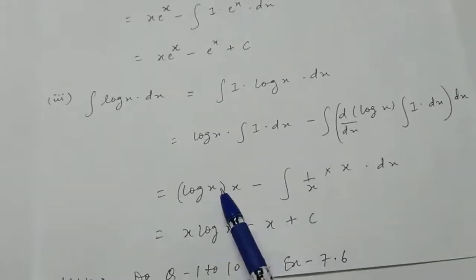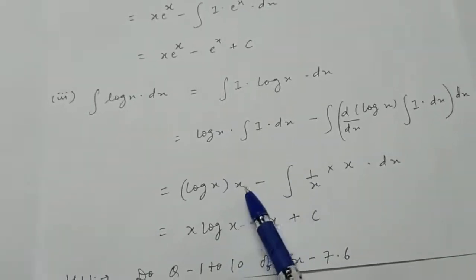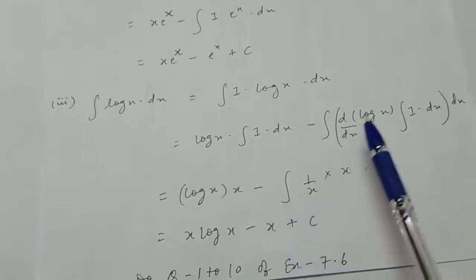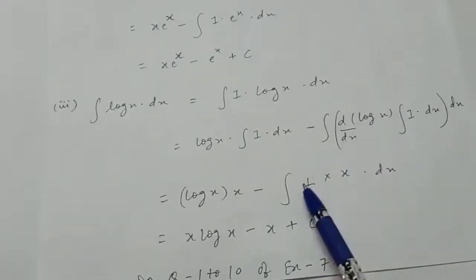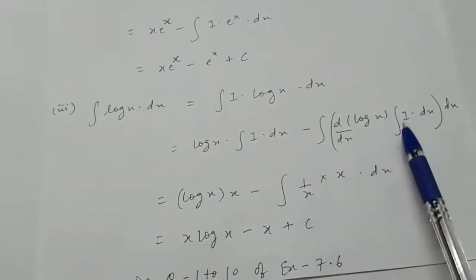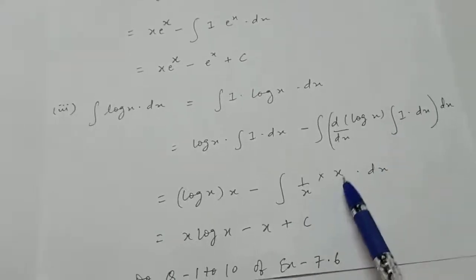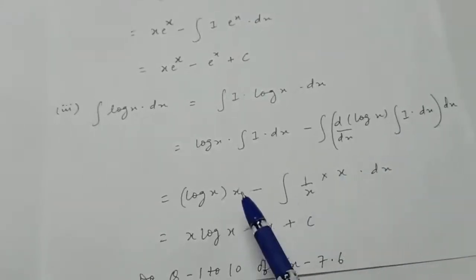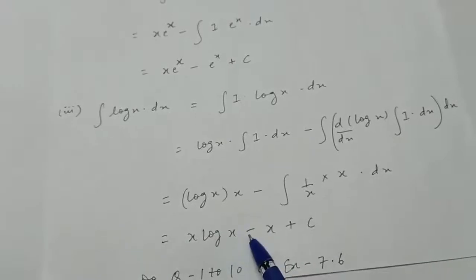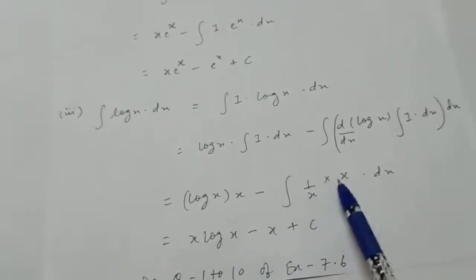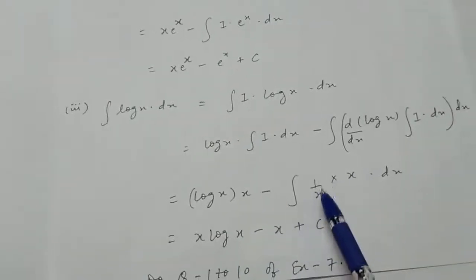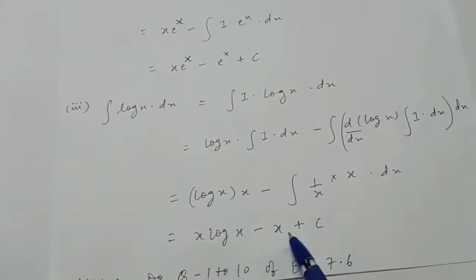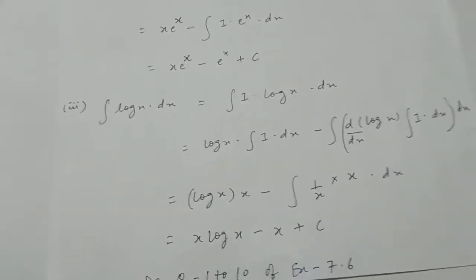Now log x as it is, integral of 1 is x, minus integral of, now derivative of log x is 1 by x into integral of 1 is x into dx. Now this is x into log x minus, this x will get cancelled, so you will get integral of 1, and integral of 1 is x plus c, right?